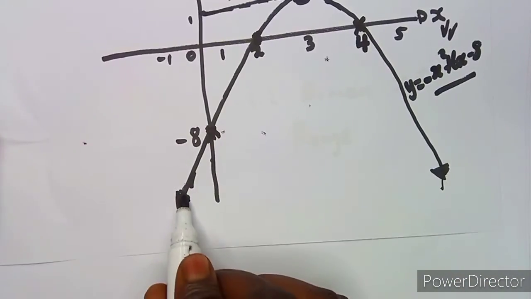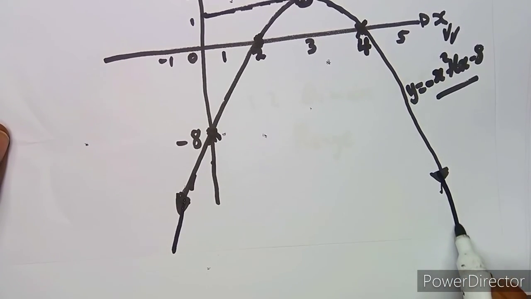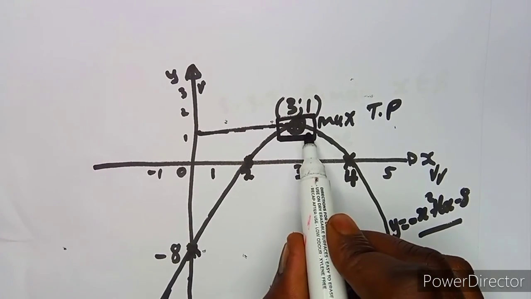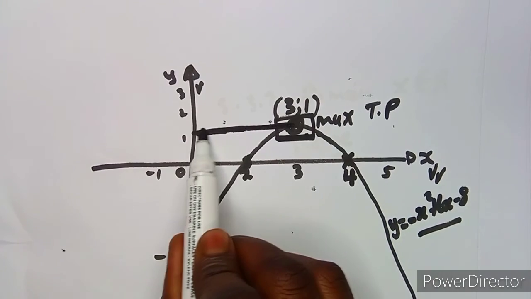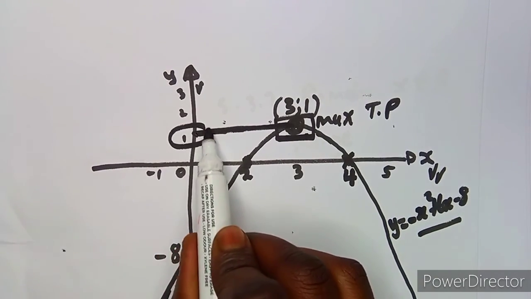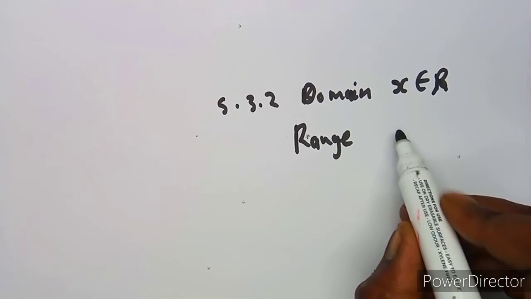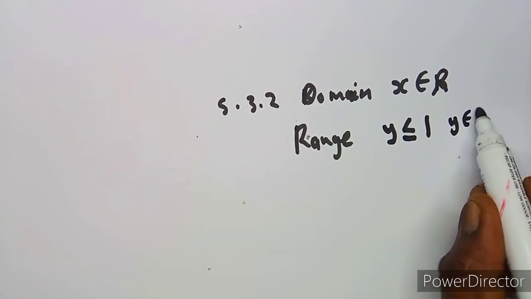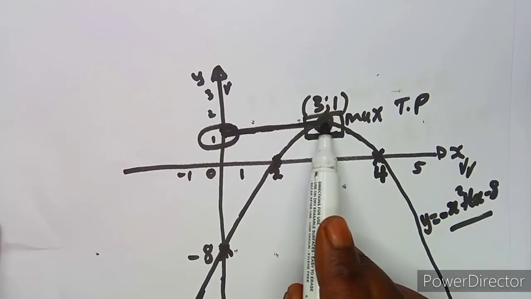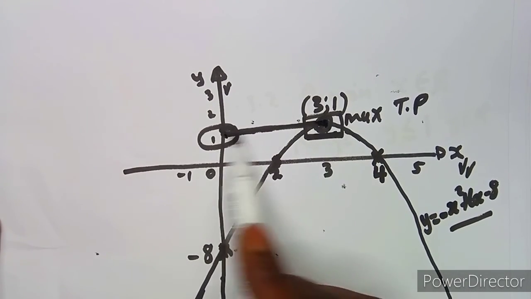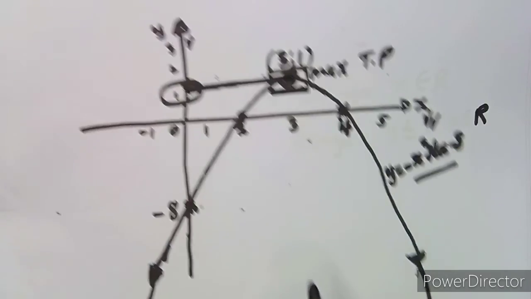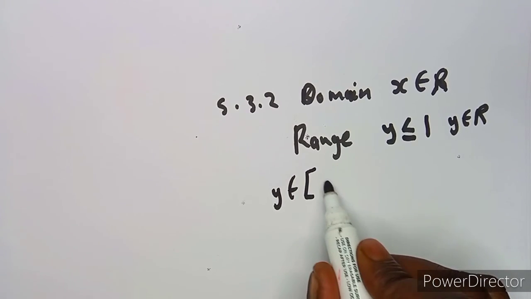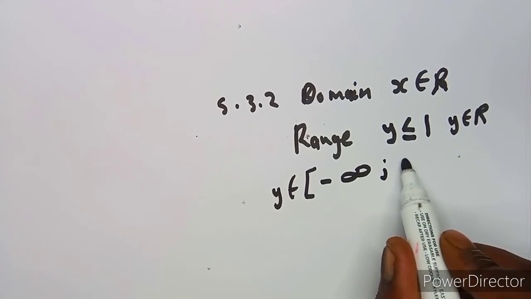So our range is y is less than or equal to 1, where y is an element of the real numbers. y can be equal to 1, but it cannot exceed this value. Or we simply say y ranges from minus infinity up to positive 1.